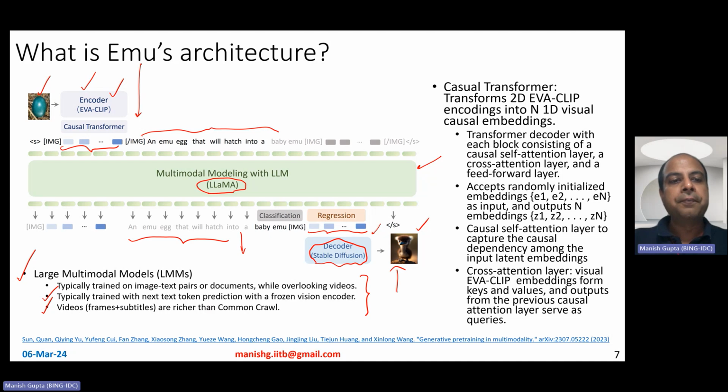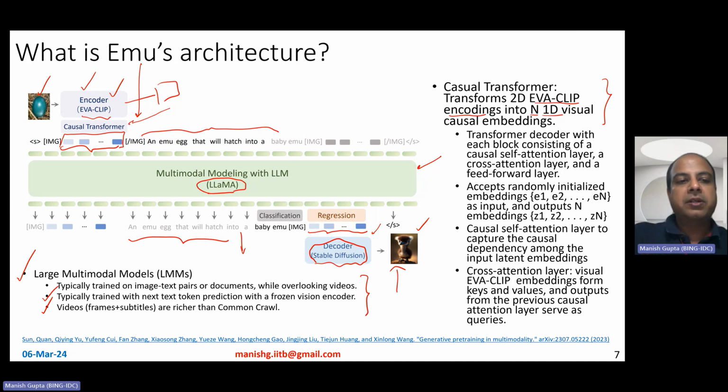Okay. Now, on the input side, how do you encode text and images? For images, you take the input image, you pass it through the EVA clip model, that's the encoder, but then you also pass it through this causal transformer. This causal transformer gives you a fixed size n representation of the image. The causal transformer takes the two-dimensional EVA clip encodings. EVA clip still gives you a two-dimensional representation of the image, and then it converts it to n one-dimensional visual causal embeddings.